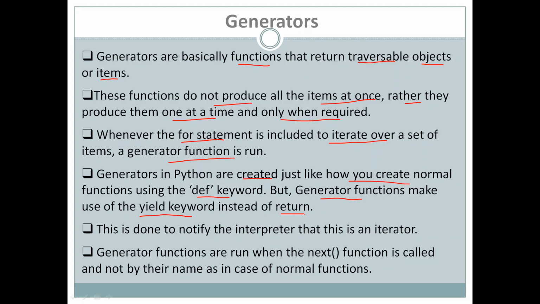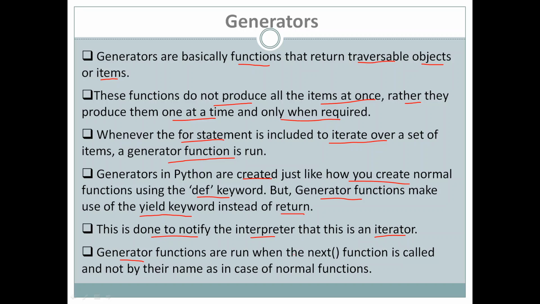Now the difference between a normal function and a generator function is that in a generator function we use the yield keyword instead of the return keyword, and this is done to notify the interpreter that this is an iterator, or you can say generator.